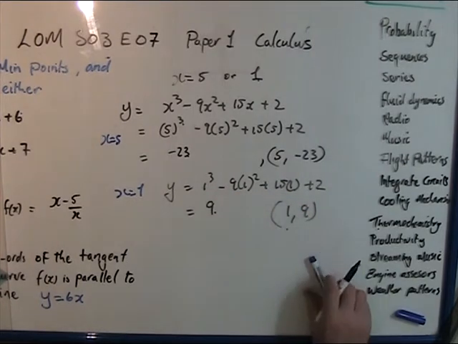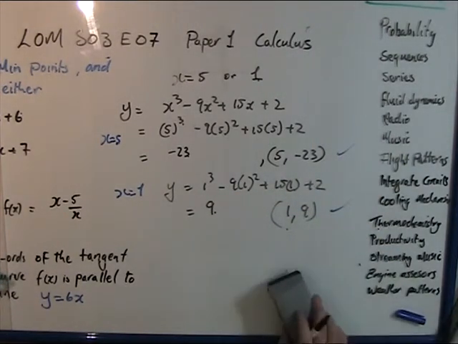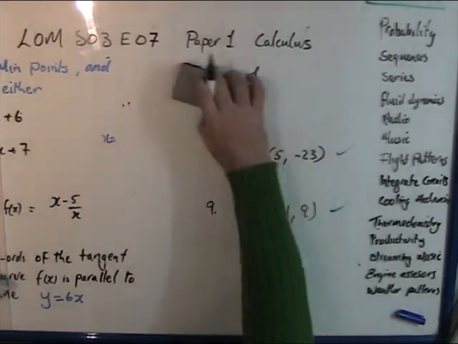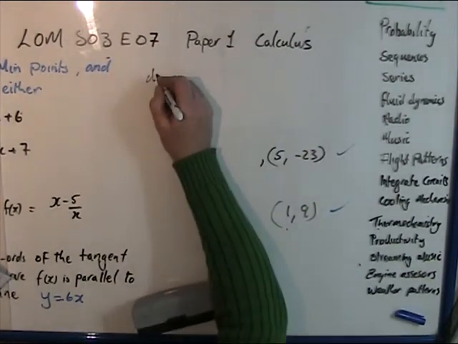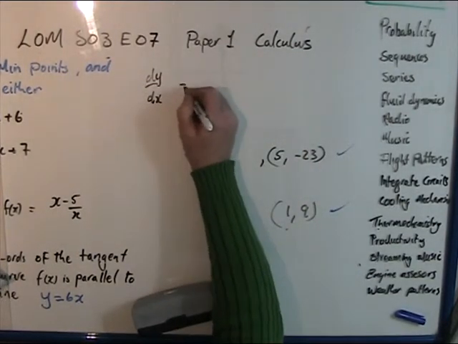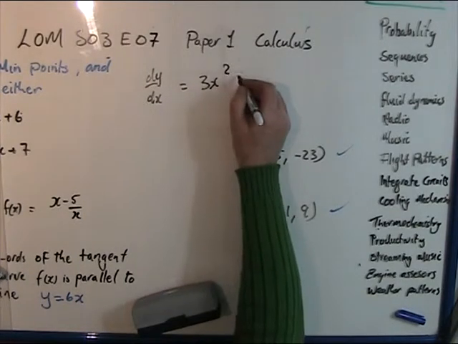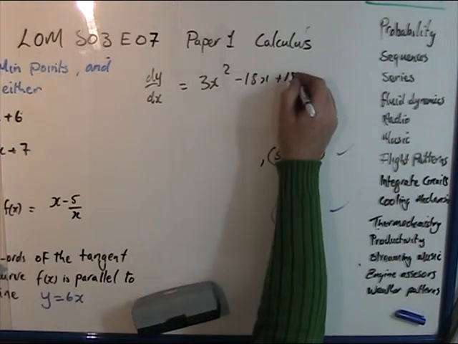Now I'm trying to find out which one is the local maximum and which is the local minimum point. So I need to go back to my original derivative, dy/dx. Do you remember what it was? 3x squared minus 18x plus 15.